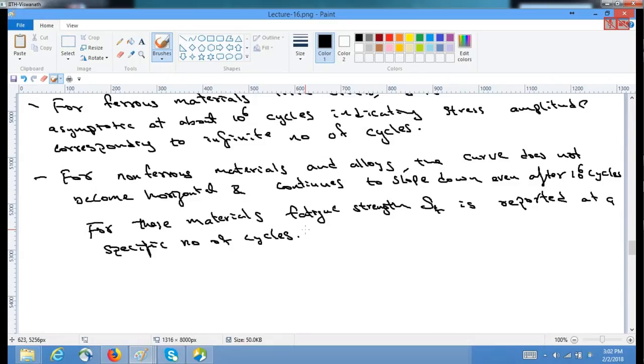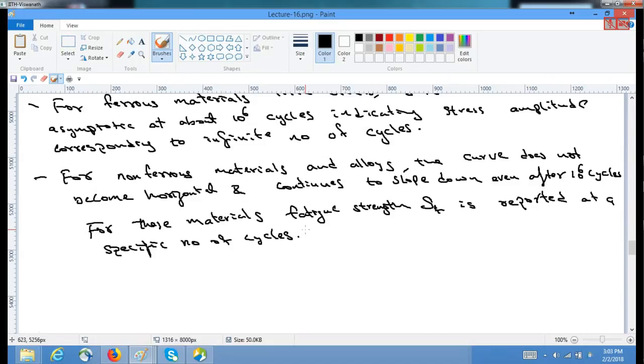So in the next class, we'll introduce something called notch sensitivity. Because of the presence of stress concentrations and notches and other things, this endurance limit will fall further, because the endurance limit we have shown is for the standard specimen.